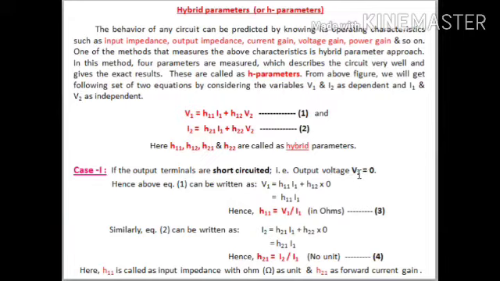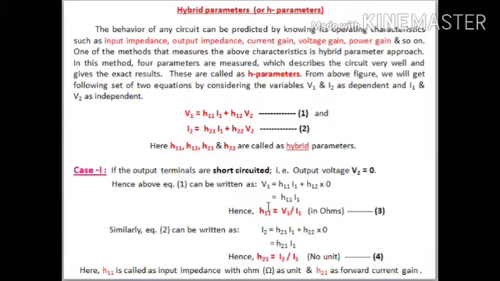So we substitute V2 equals 0 in equation 1, and hence equation 1 can be written as V1 equals H11 into I1 plus H12 into V2. Now the value of V2 is 0 from this condition, so H12 into 0 becomes 0 and the remaining term is H11 into I1. So the final equation is V1 equals H11 into I1.